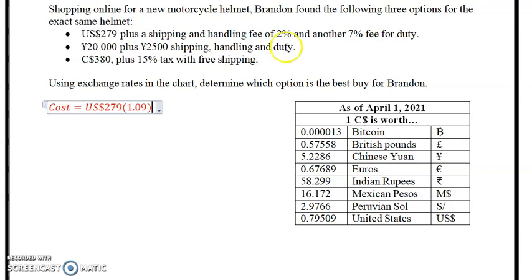So I've added 2 and 7 and got 9%. So I've taken 1 and added 9% to it. So I'm going to multiply that by 1.09. So 279 multiplied by 1.09, and we get 304.11. 304.11 in US dollars, right?